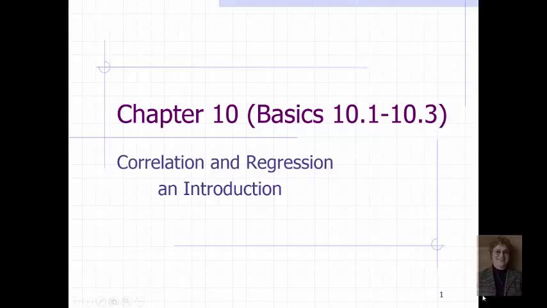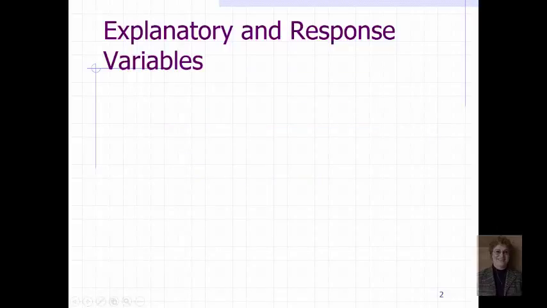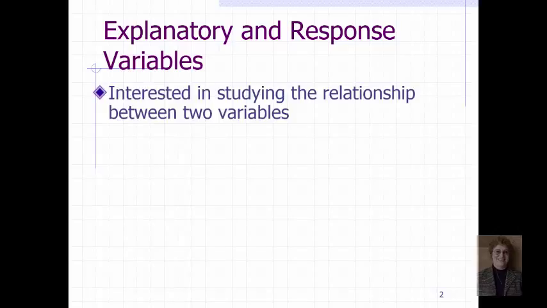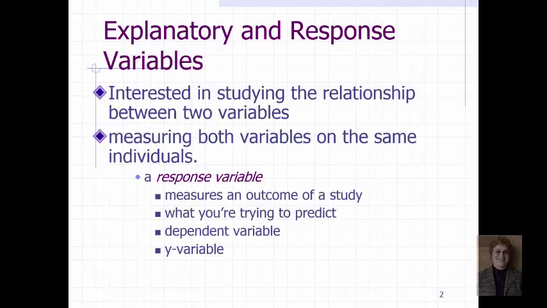We need to build some vocabulary, and so we need to talk about 2 kinds of variables. Again, we're looking at the relationship between 2 variables measured on the same individual, and they both must be quantitative. The first one that we're going to talk about is the response variable, and the response variable actually measures the outcome of the study.